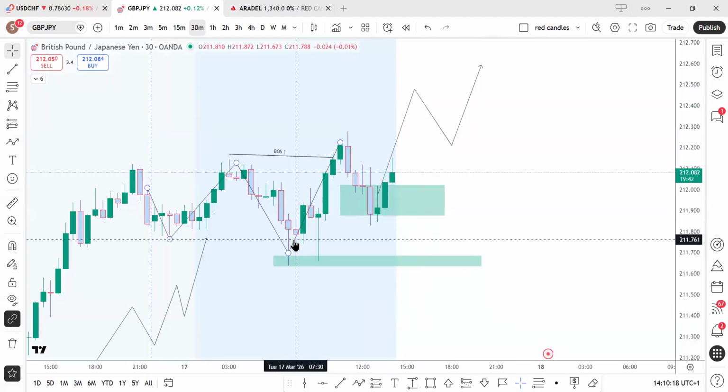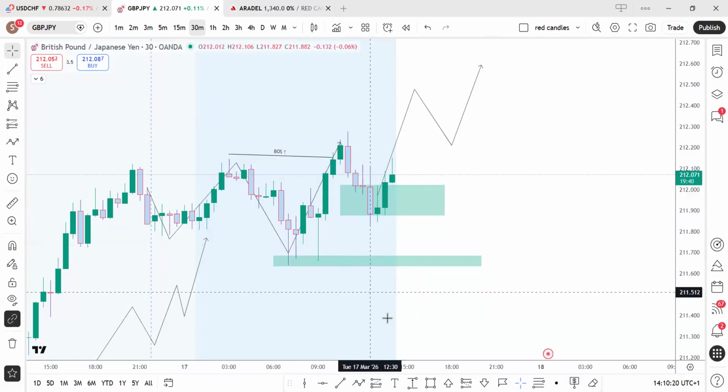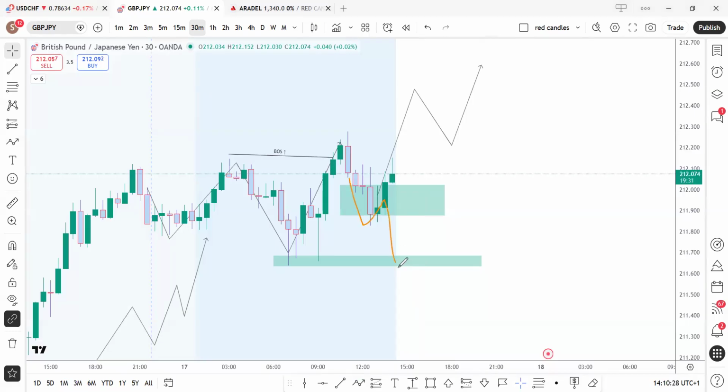For all we know, price could have come here, from here, you can just come here, do something like this, and then just stop us out. Yes, it can do that. Were we wrong to take a buy here? No, it's our setup. It's part of our setup because we are following this process here.